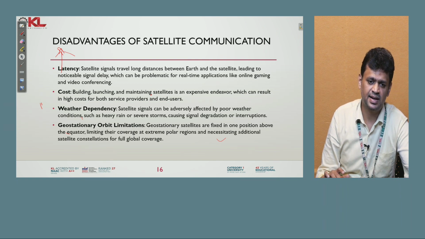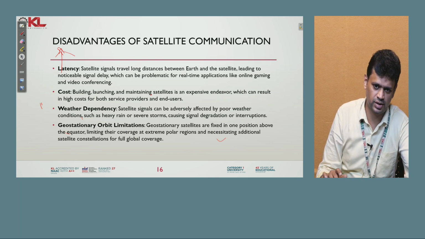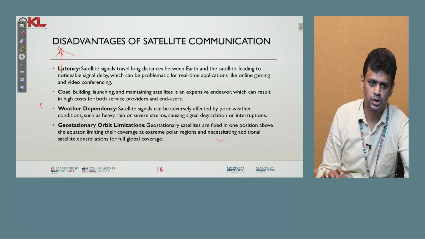Weather dependency, satellite signal can be adversely affected by poor weather conditions such as heavy rain or storms, causing signal degradation or interruptions.